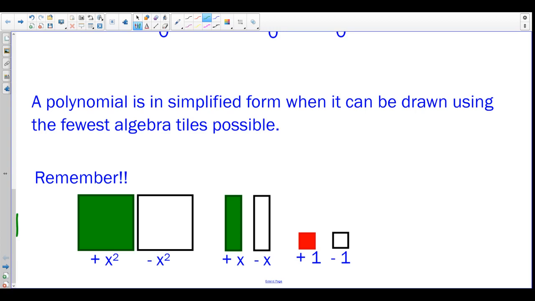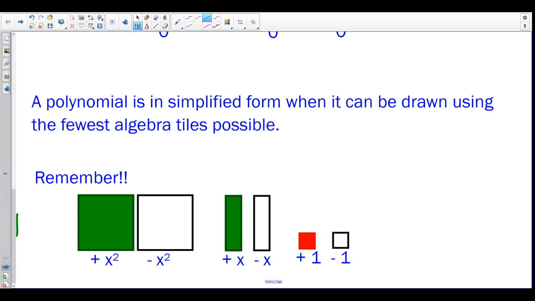So just remember, the big green square is positive x squared, the big white square is negative x squared, the green rectangle is positive x, the white rectangle is negative x, a red little square is positive 1, and a little white square is negative 1. And again, we can't denote the green and the red, so we're just going to shade in those positive tiles.